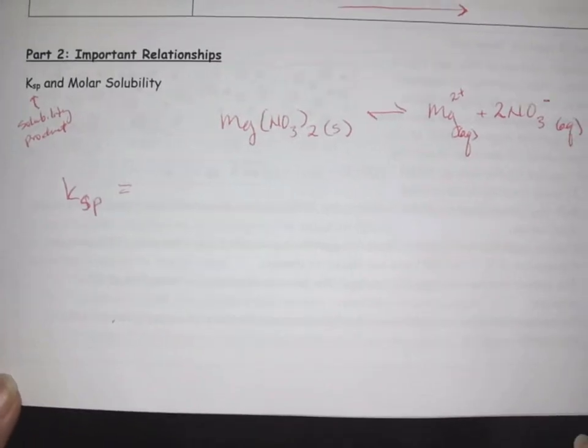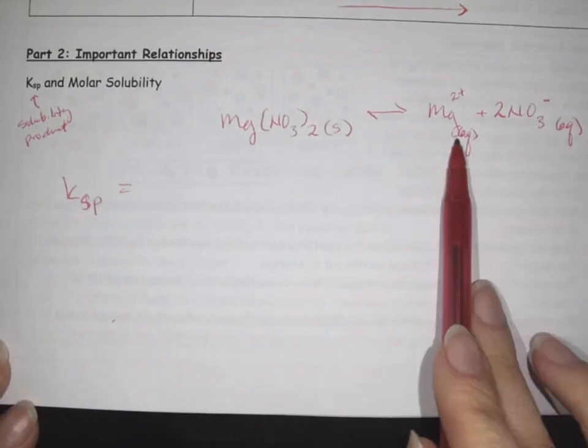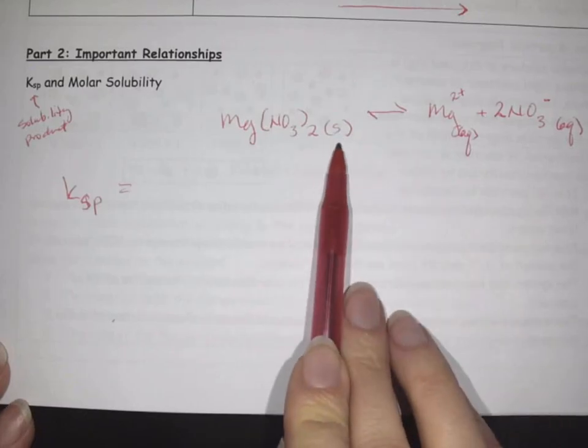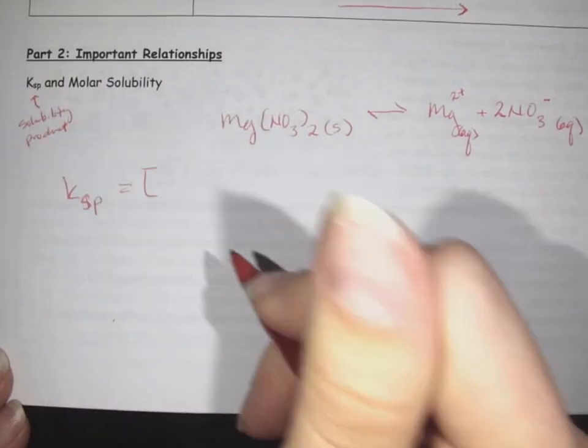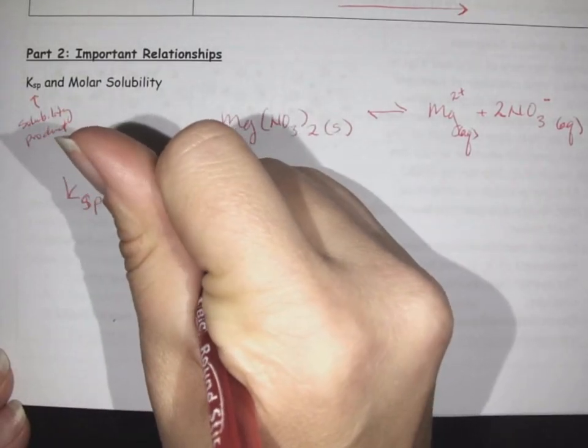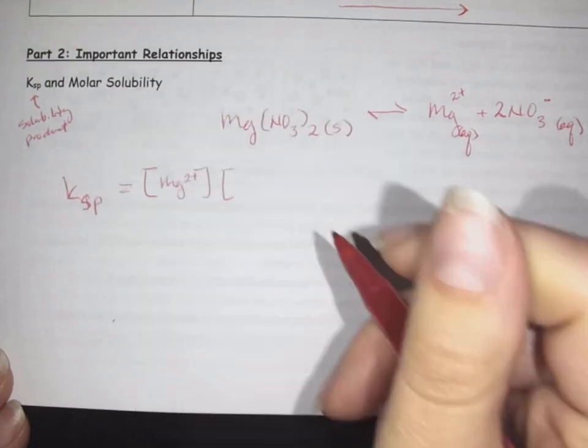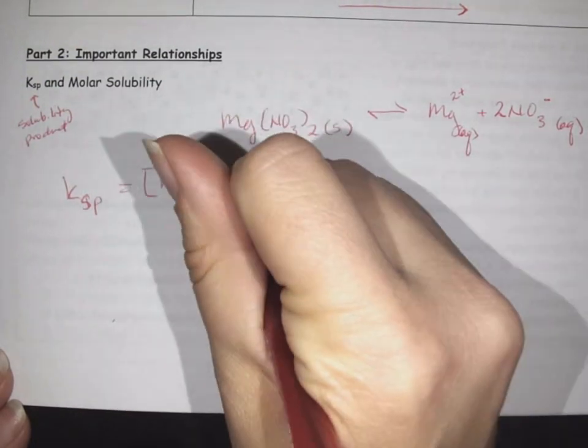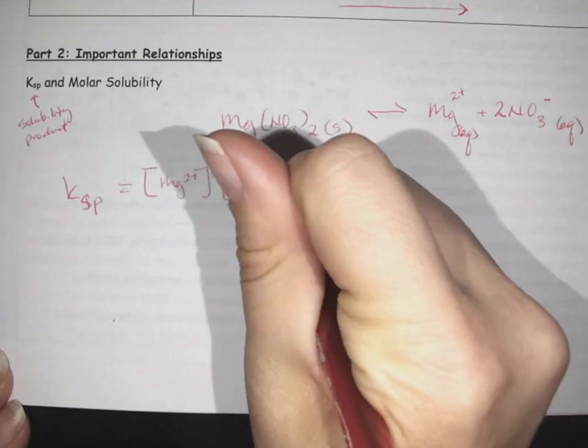Remember how all of these K expressions were products over reactants, but we don't include solids or liquids. So yeah, this aqueous, absolutely, but the solid, no. So we would have the concentration of magnesium 2+ multiplied by the concentration of nitrate NO3 -1.